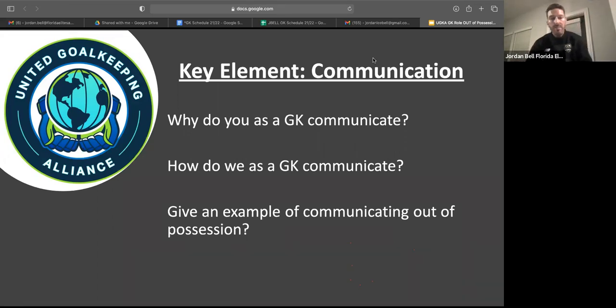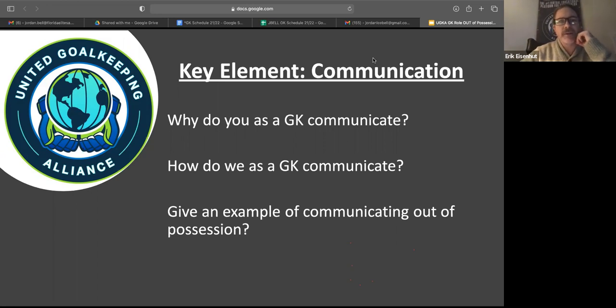So again, the very first question, as a goalkeeper, why are we communicating? What is the purpose of it? I'll just read them as they come in. Why? To set up for a shot, no shot, no cross, things to say. Position the defense and tell the defense what you are doing. Organize your defenders.